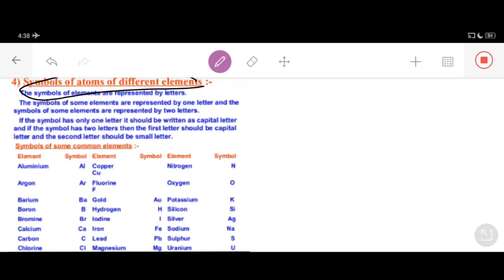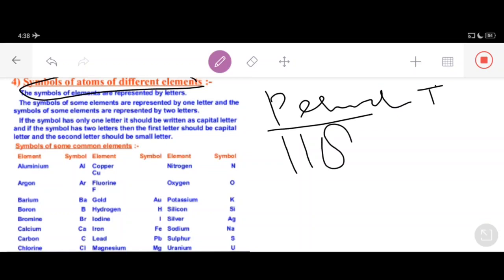For example, as far as the periodic table is concerned, we have 118 elements. Just go through the periodic table at home, my dear students.